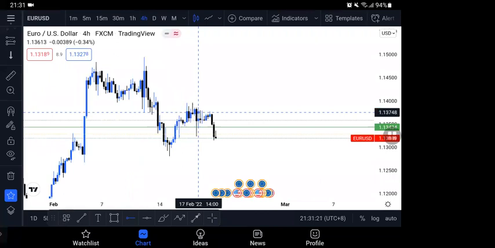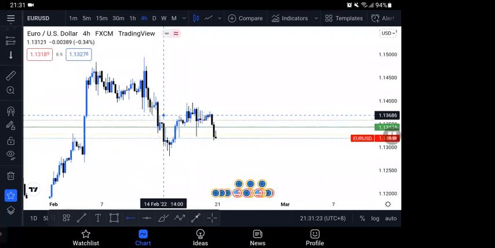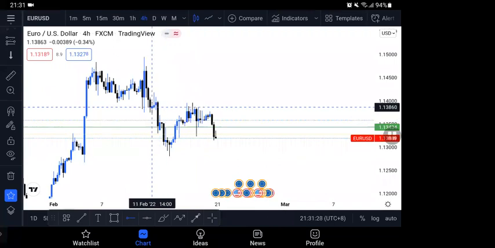Before the price reaching the daily area, this is the most recent H4 structure. So we're gonna mark this first.